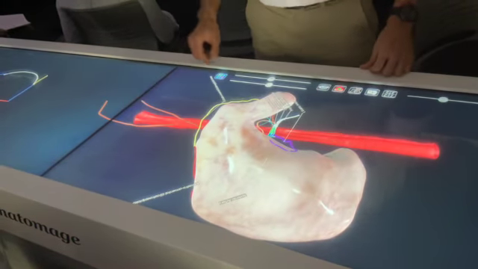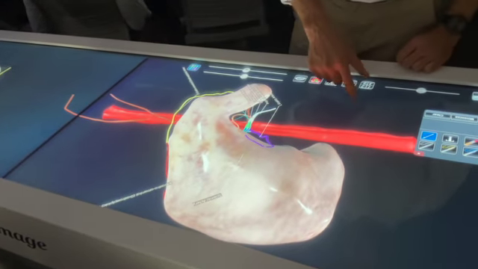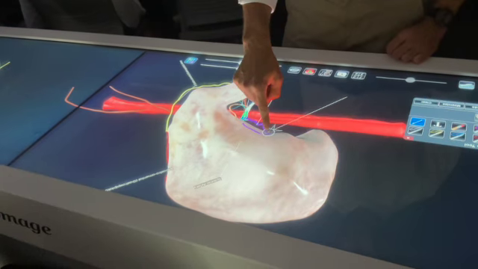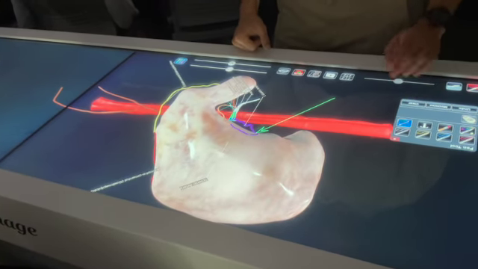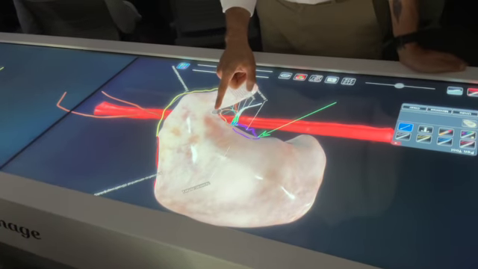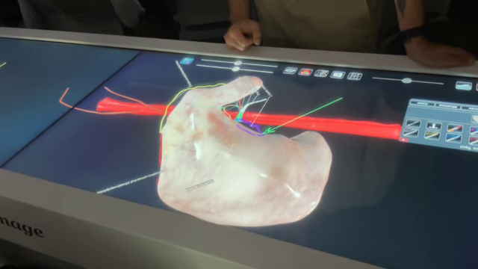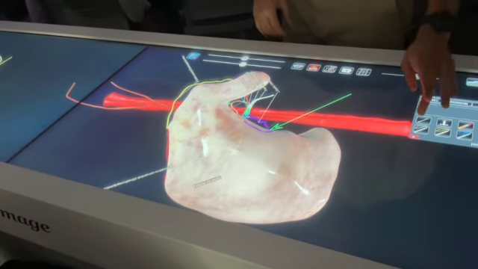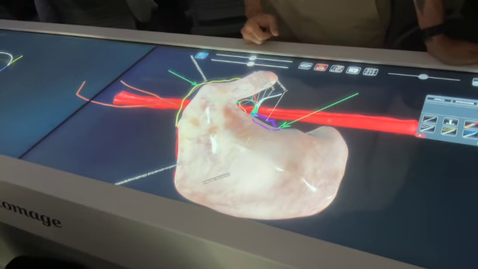Okay. So along the lesser curvature of the stomach, on the side where we would see that lower esophageal sphincter, we see the left gastric artery. But remember, as we kind of come to the side where we would see the pylorus, that's where we're going to find that right gastric artery. Now, same thing for the left and right gastroepiploic, right? So here, on the greater curvature of the stomach, we find that gastroepiploic.